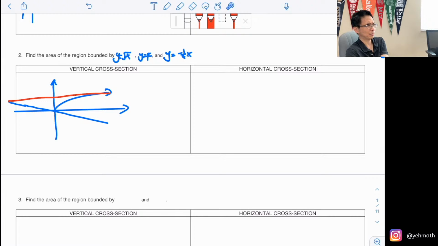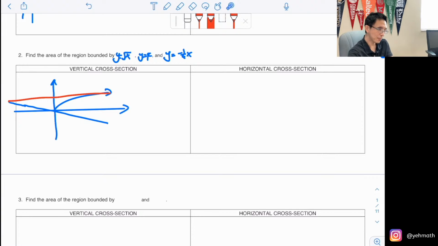Vertically, you have to do 2. Horizontally, you only have to do 1. It turns out that for this question, I actually prefer to do horizontally, just because there's only one integral involved. I choose 1 integral over 2.